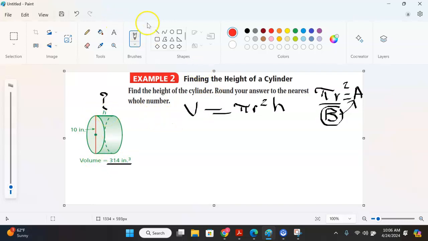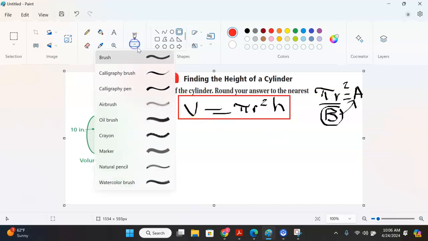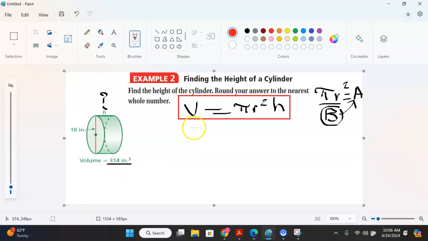We're still going to use the volume formula, but we're not finding the volume. You plug in the 314 for the V, and then plug in either the height or the radius, depending on which one they give us, and then find the unknown variable. In this case, they ask us to find the height.